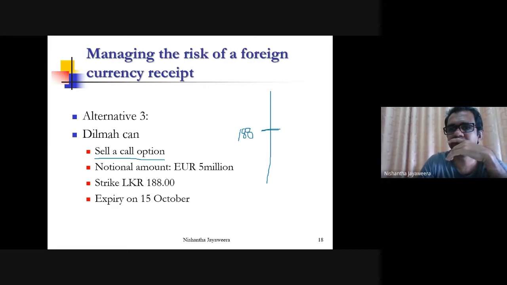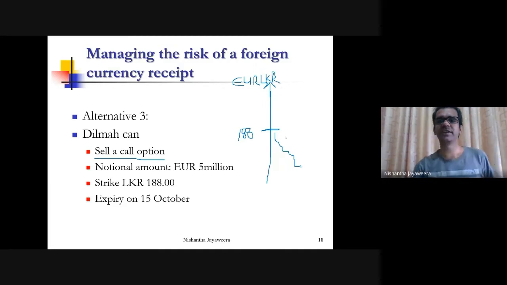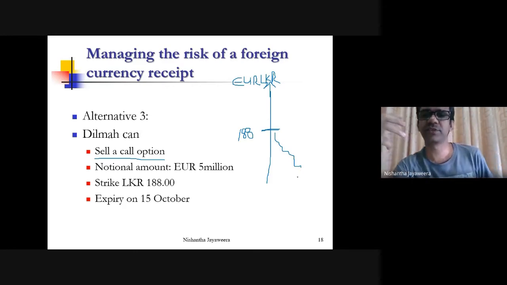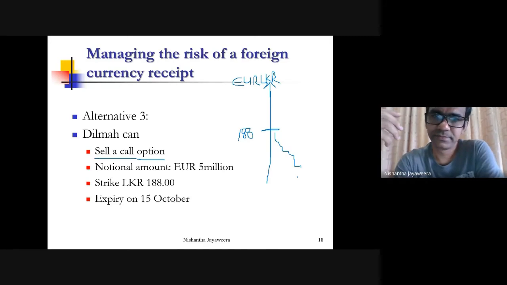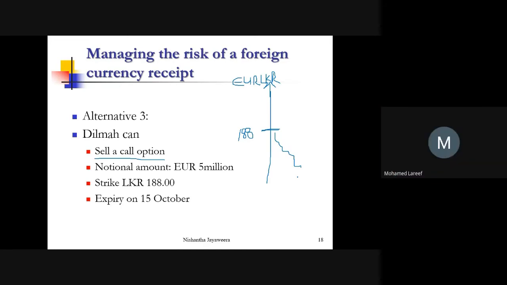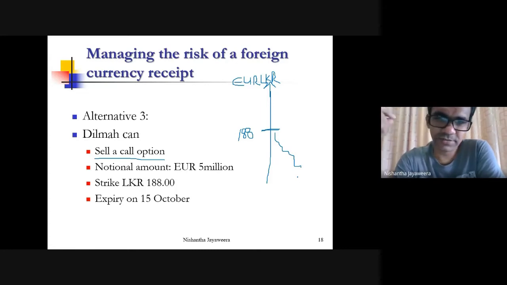What would happen if the exchange rate goes below this, below 188? Will the buyer come and execute his right? No, sir. But you have your euro 5 million. What do you have to do?